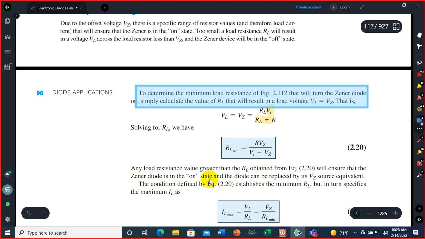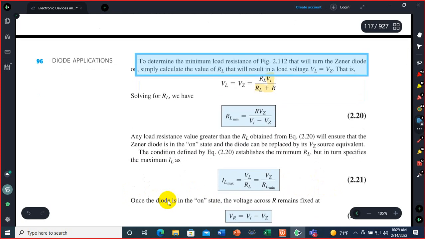In this situation, the diode can be replaced by its VZ source equivalent. The condition defined by equation 2.20 establishes the minimum RL, but in turn expresses the maximum IL. So this is the IL maximum, VL by RL.